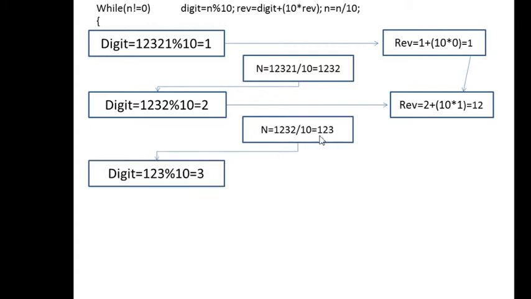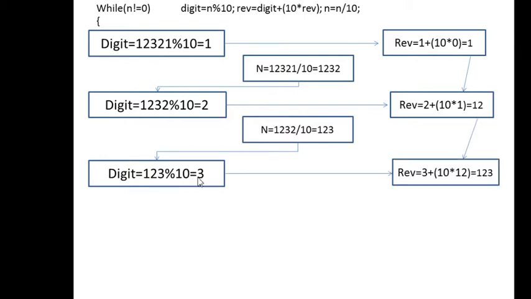Now this is the new n formed. 1 2 3 modulus of 10 is equal to 3, and the new reverse is equal to 3 plus 10 into 12. The 3 is obtained from the previous digit value and placed here. 3 plus 120 is 123.